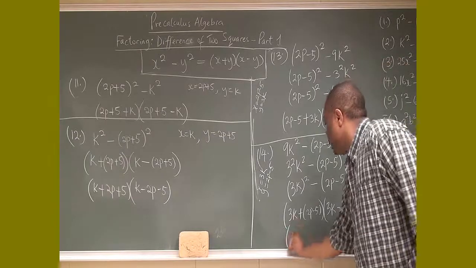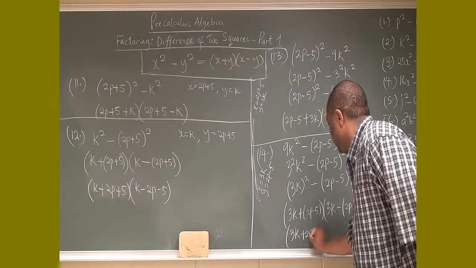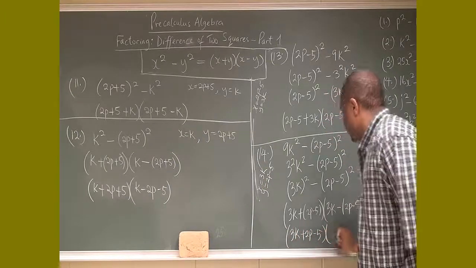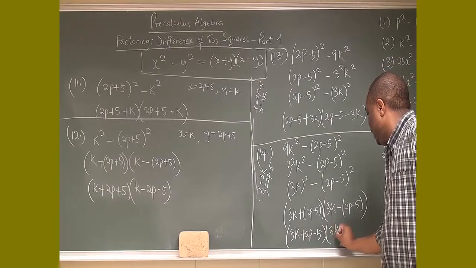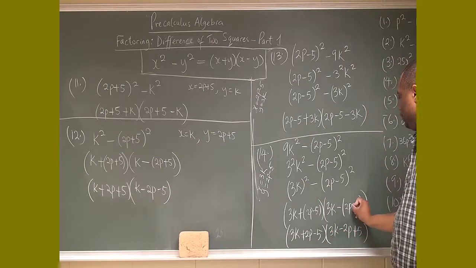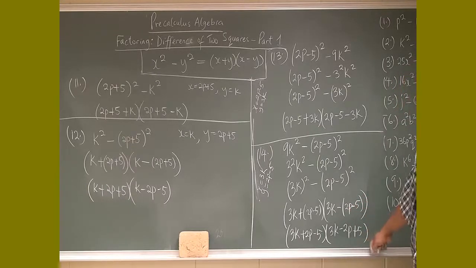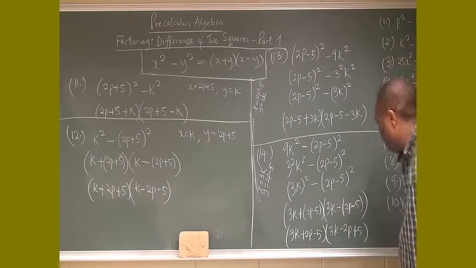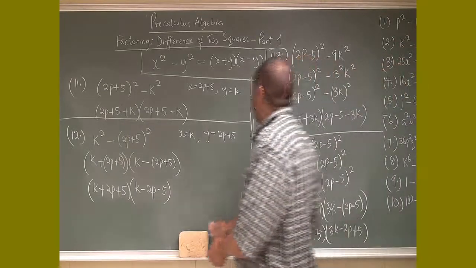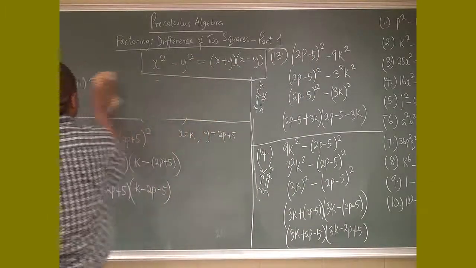Okay? So now we expand that: 3k plus 2p minus 5 times 3k minus 2p plus 5. Distributive property. Negative 1 times negative 5 is positive 5 when that happens. Alright, 2 more to go.